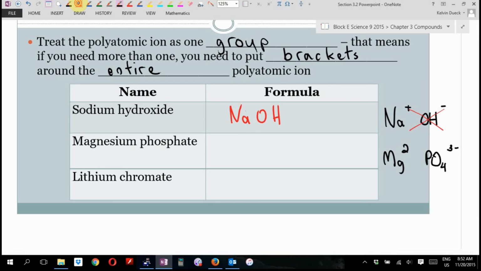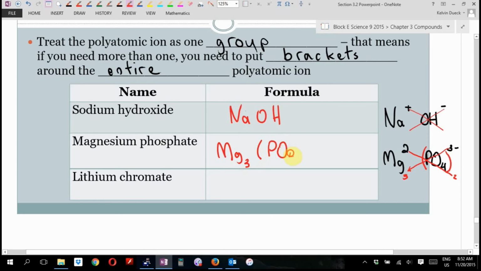Now when I crisscross, what number do I get beneath the magnesium? A 3. What number down here? A 2. To show that I need 2 of those completely, I have to use brackets. When I write the formula, it's going to be Mg, 3 of them, (PO4), close bracket, 2 of those.